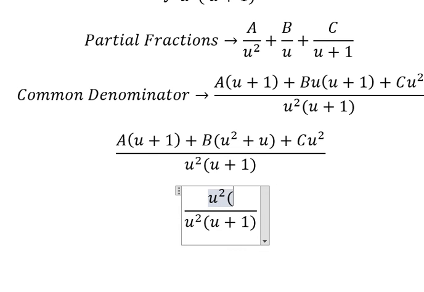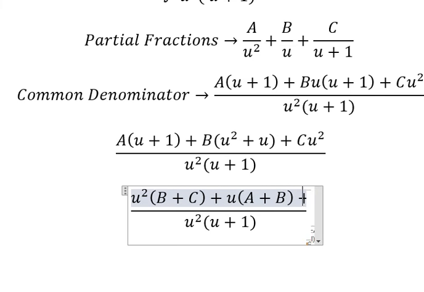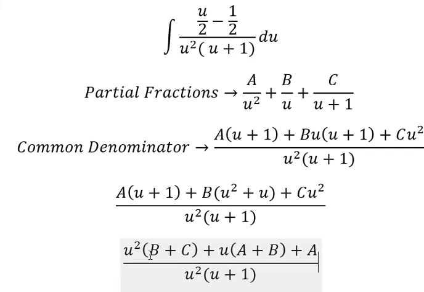About u square, we have b plus c. About u, we have a plus b. About the number, we have a. Now let's compare coefficients. We don't have u square in here, so b plus c equals number 0.